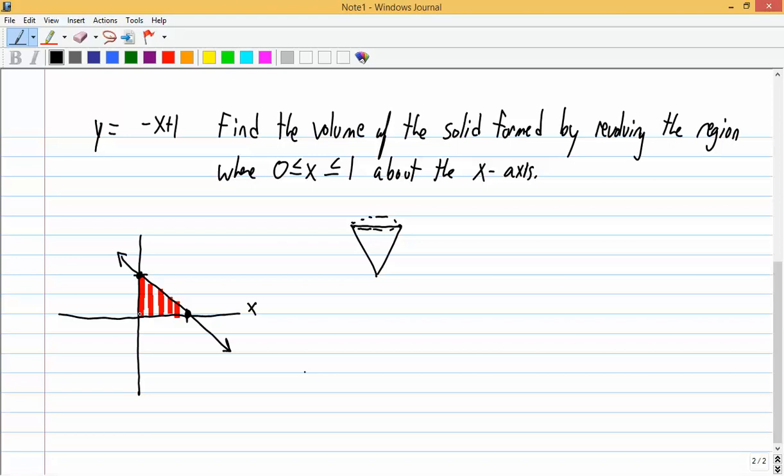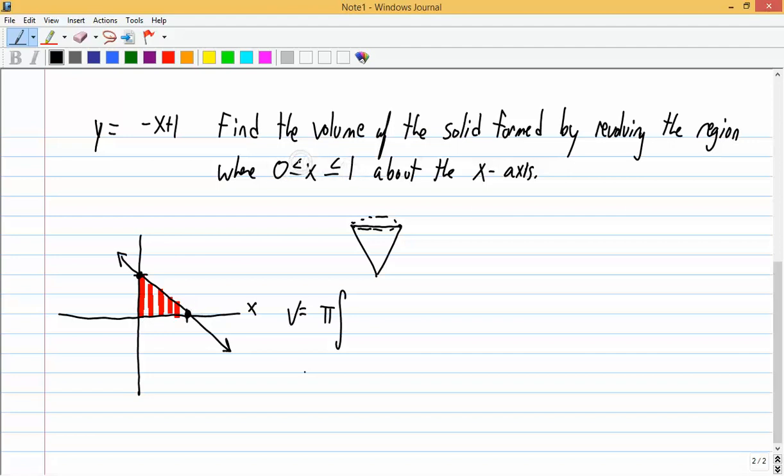Okay. So whenever I set up my integral to find the volume using the disk method, volume is equal to pi times the integral from a to b. The a and the b, those are my x values. So remember, we want to look at the smallest to the largest. Well, we were already given that in the problem.